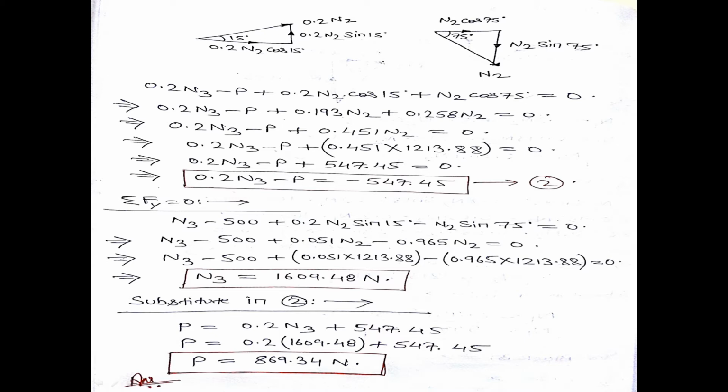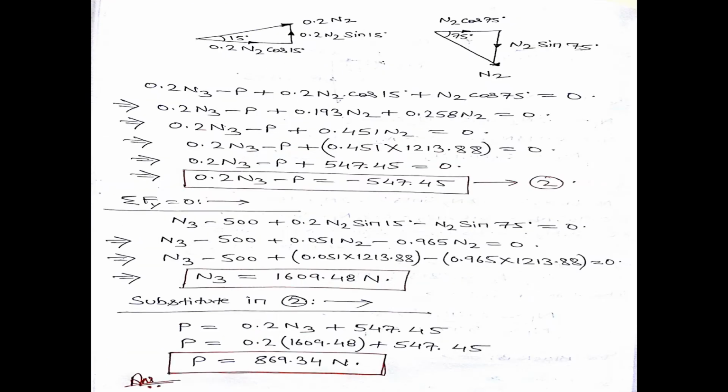If you solve this expression, you will get one relation in terms of N3 and P. You can see you are getting 0.2 times N3 minus P plus 0.193 times N2. N2 already we have calculated, that is 1213.88 Newton.